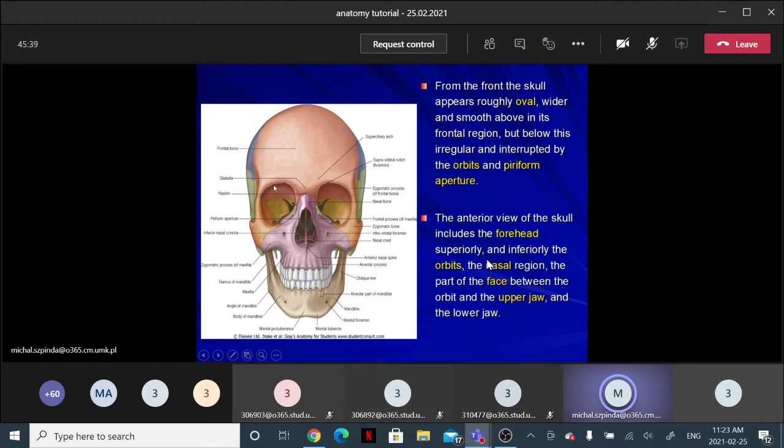You can see that the supraorbital margin is notched, or sometimes we have a foramen, supraorbital foramen or supraorbital notch.